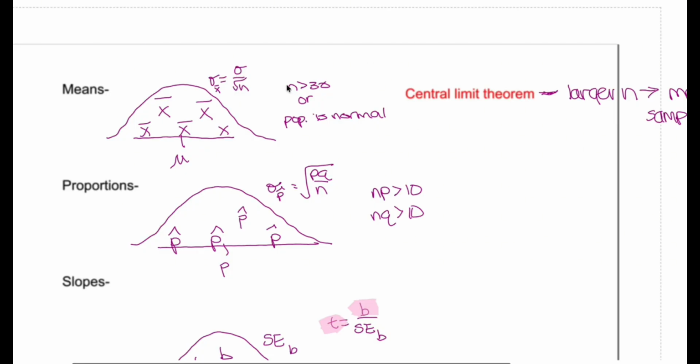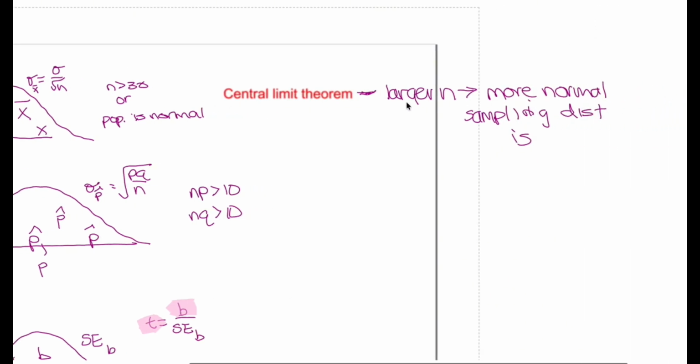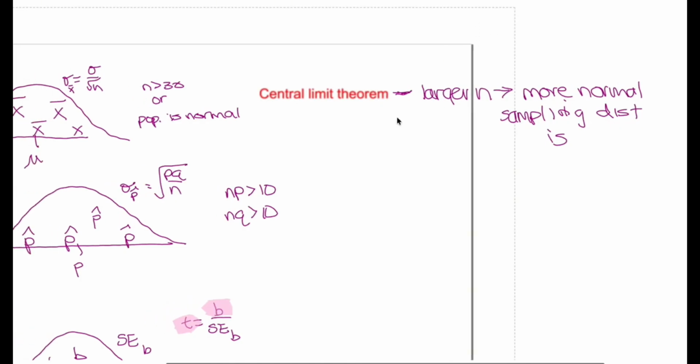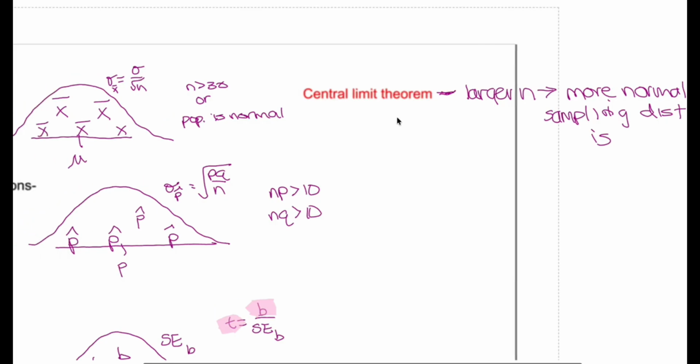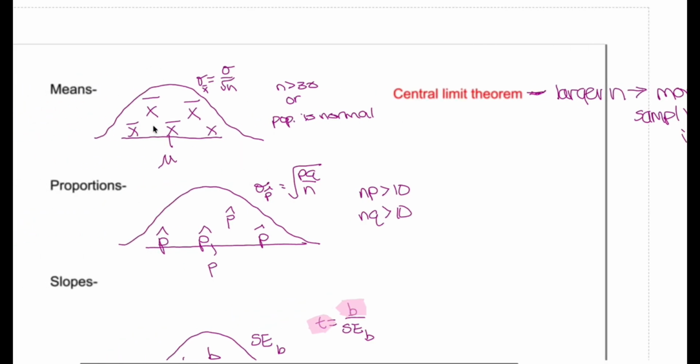And if n is greater than 30 or the population is normal, then we can say that the sampling distribution is normal. The central limit theorem says larger n means the more normal the sampling distribution will be. So basically, the more samples you get, you group them together to create this normal curve. The larger the n, the more normal this curve will be.